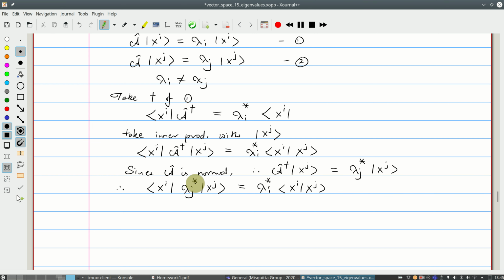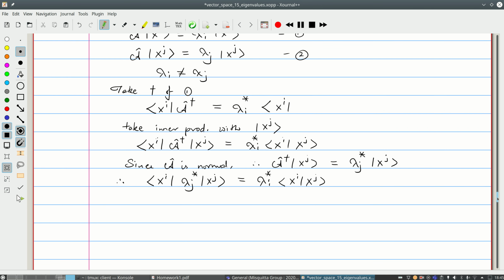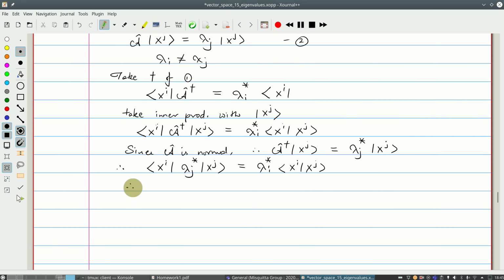Now lambda j star is in front of the ket, so we can move it out completely without change. That gives us lambda j star times the inner product of xi with xj is equal to lambda I star times the inner product of xi with xj.